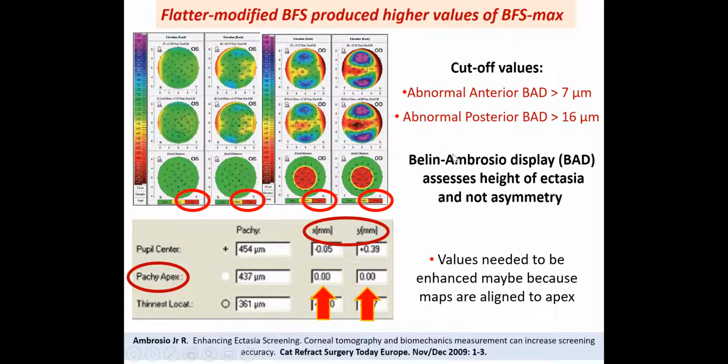This is wonderful to see ectasia only. How tall is the ectasia? But it tells nothing, absolutely nothing, about asymmetry. It's like knowing how tall the Pisa Tower is, but not how tilted the Pisa Tower is, okay? Together with pachymetry analysis, it makes this system very strong.